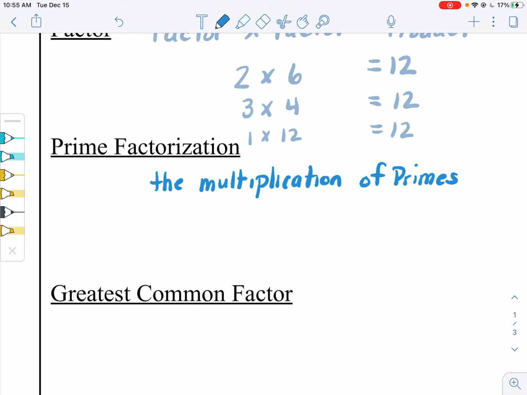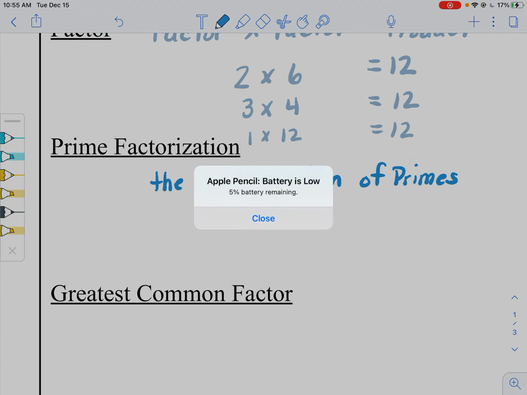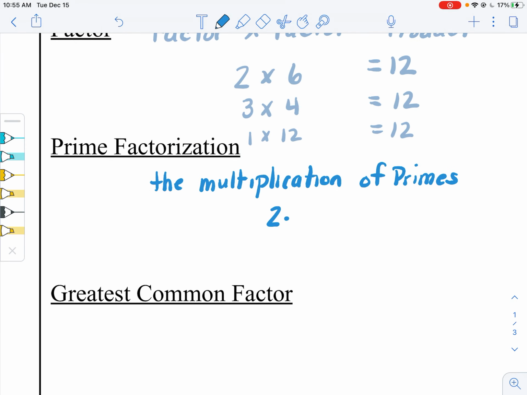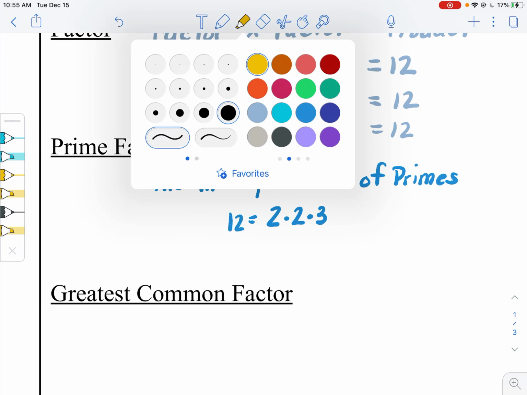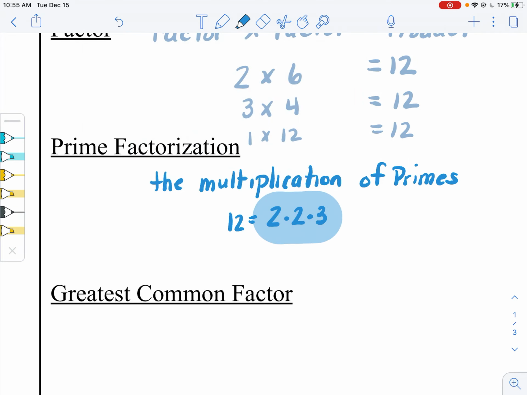It looks like 2 times 2 times 3, and that's the prime factorization of 12. 2 times 2 is 4, and 4 times 3 is 12. It's the multiplication of prime numbers: what prime number times what prime number times what prime number gets us 12. And that's the only combination.